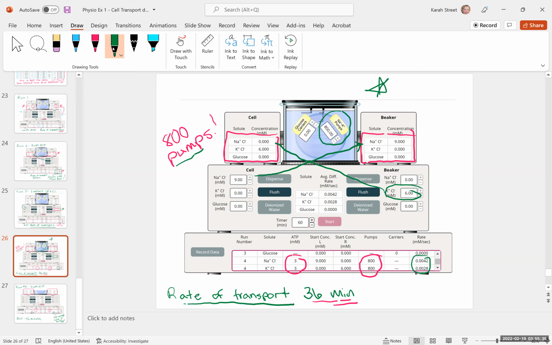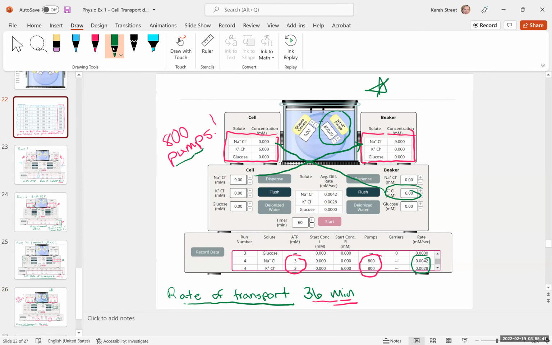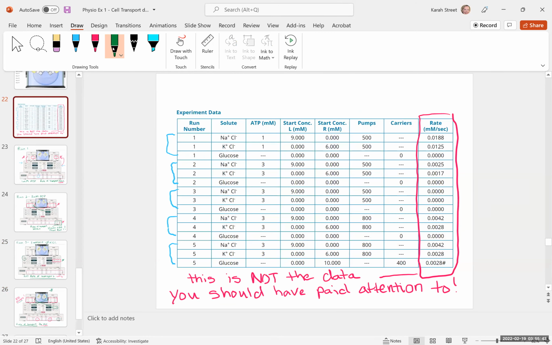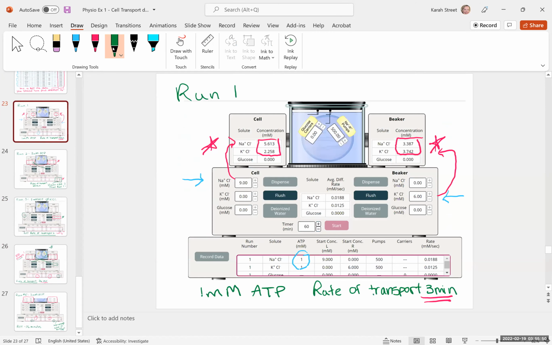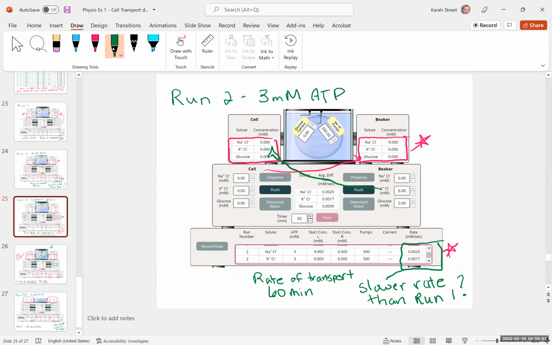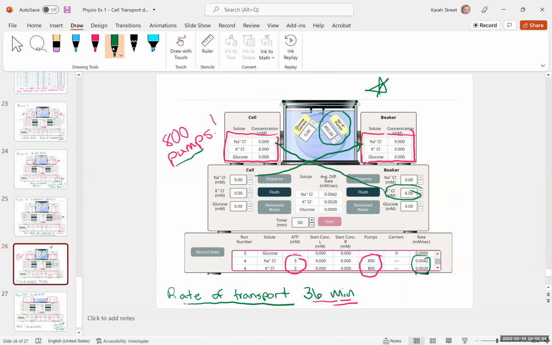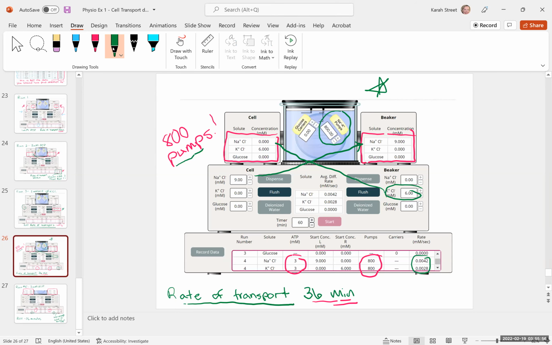You weren't directed to write that important piece of information down. The part you were told to write down, meaningless. That data means nothing. You need to know what you saw, what you did, how you manipulated each of these runs, and it's the number of pumps that was the rate limiting factor.